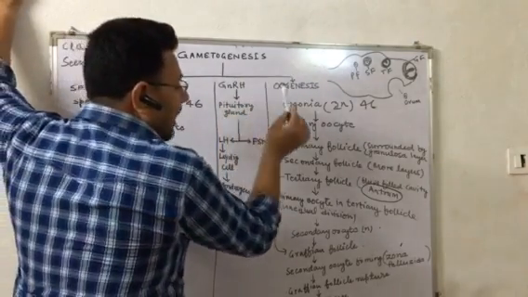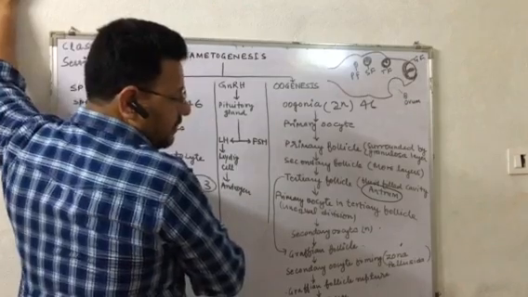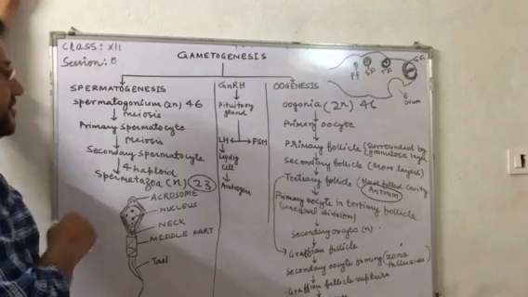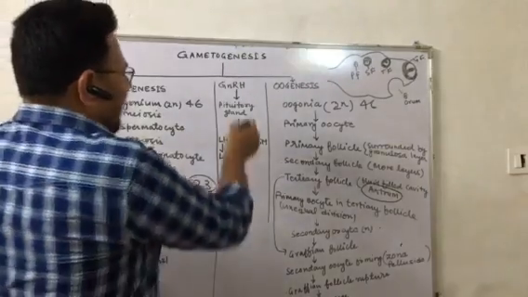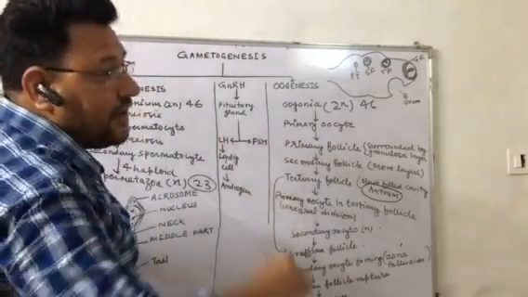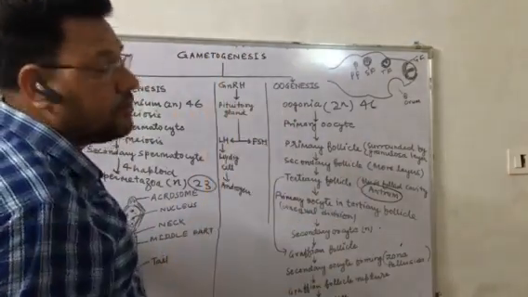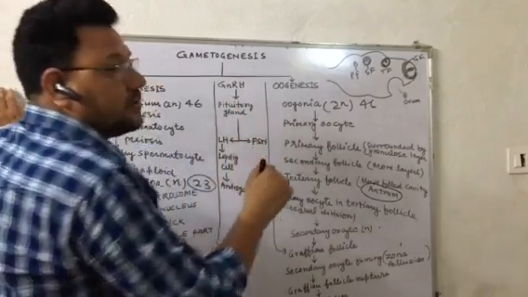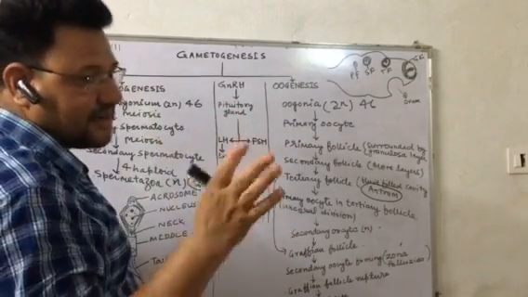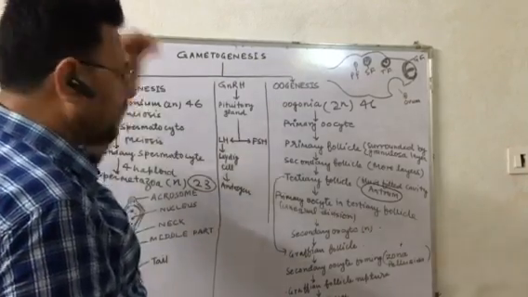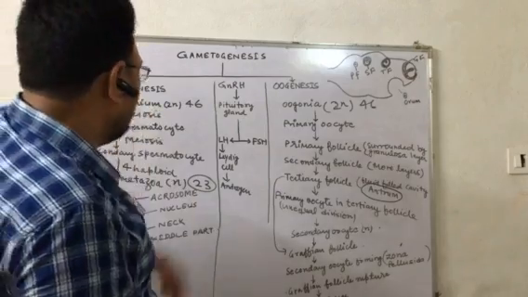gonadotropin releasing hormone or GnRH. This GnRH will activate the anterior pituitary lobe, and this pituitary gland, as you know, is the master gland in our body. It is located here at the back of our brain.